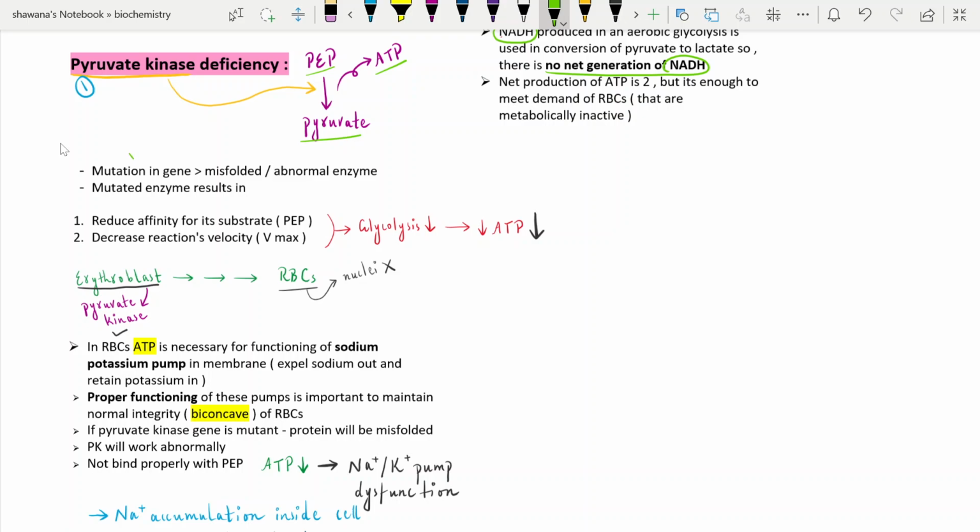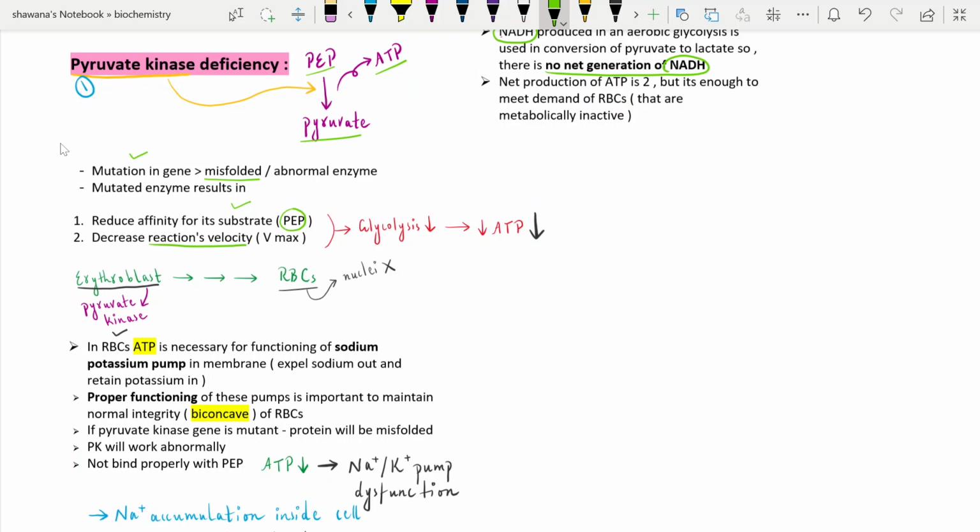But if the gene of pyruvate kinase is mutated, the protein will be misfolded or abnormal. The enzyme will have reduced affinity for its substrate. What is the substrate for pyruvate kinase? Phosphoenolpyruvate, right? It will have reduced affinity for PEP and a reduced reaction velocity, which is Vmax, and glycolysis will be decreased.